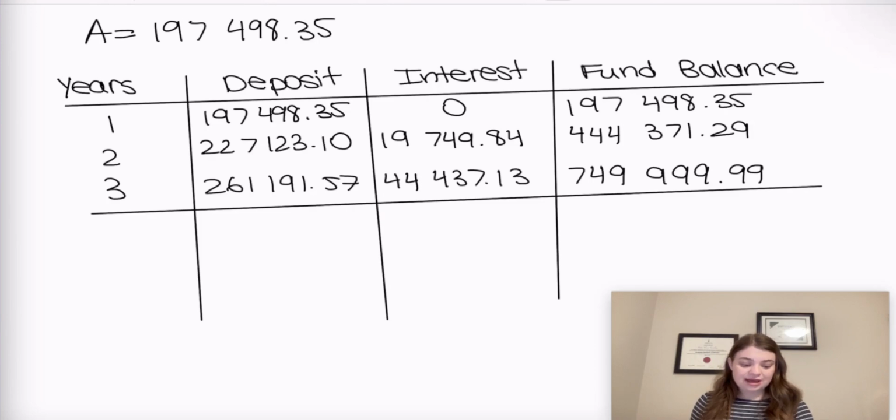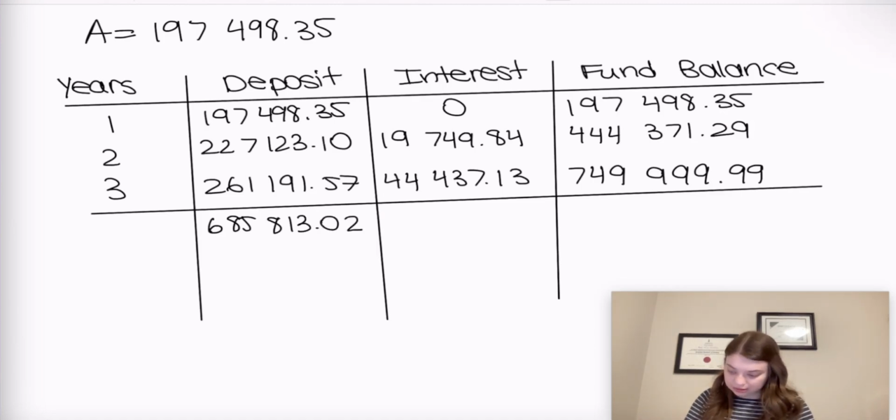Okay, now we're going to add up the total deposits and also the total interest. So the total for our deposits is $197,498.35 plus $227,123.10 plus $261,191.57. That is $685,813.02.